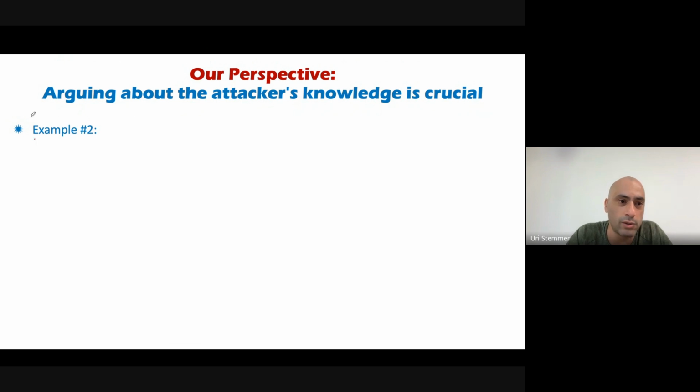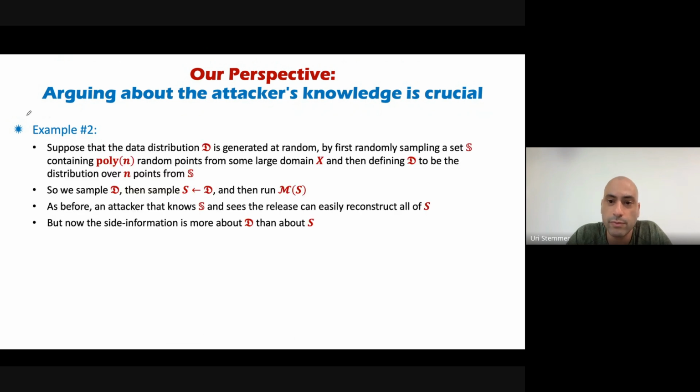So here is a tweak to the previous example that illustrates this, and I'll come back to this example number 2 later on. So now the data distribution D is itself generated at random by first sampling the superset nice S, and then defining D to be, let's say, the uniform distribution over points from this superset nice S. So nothing changed really, right?